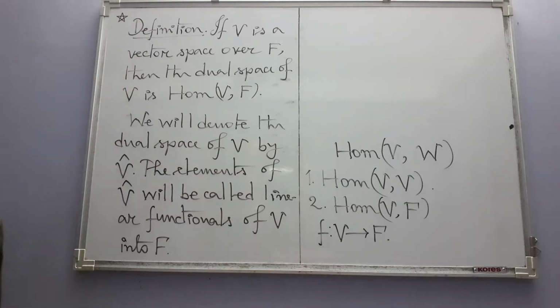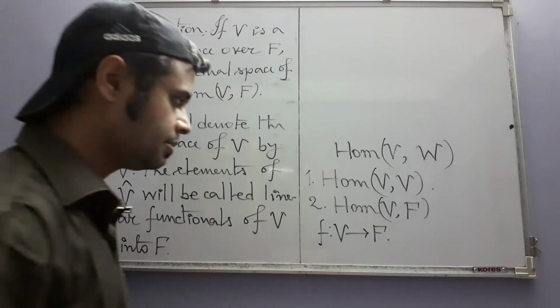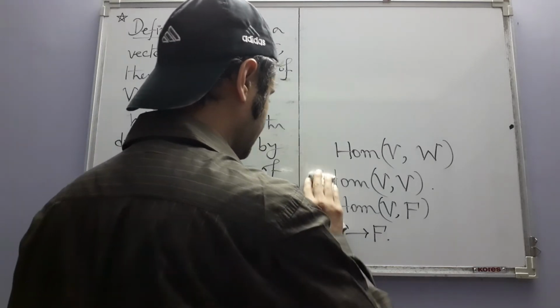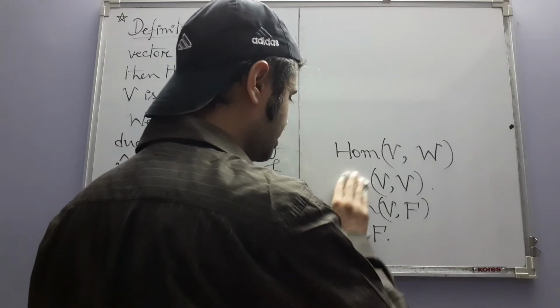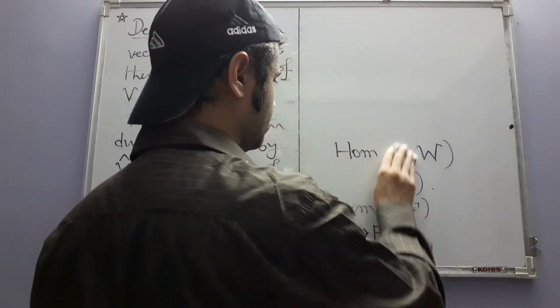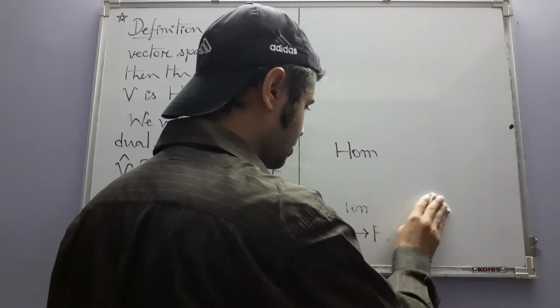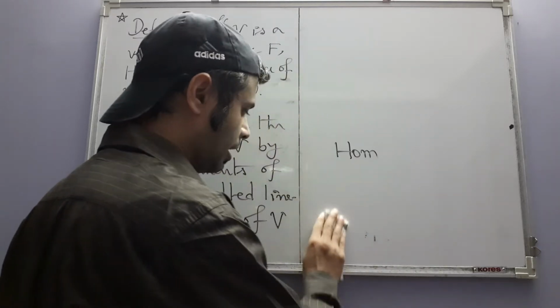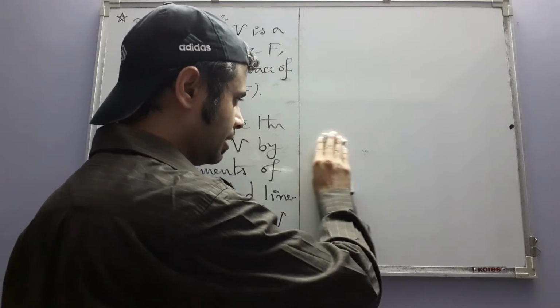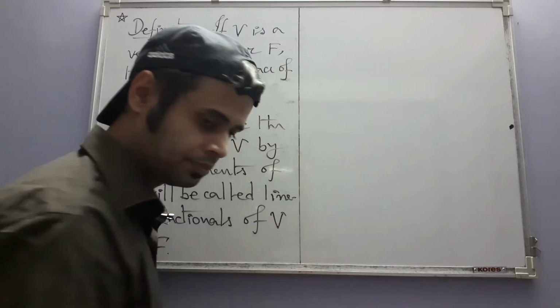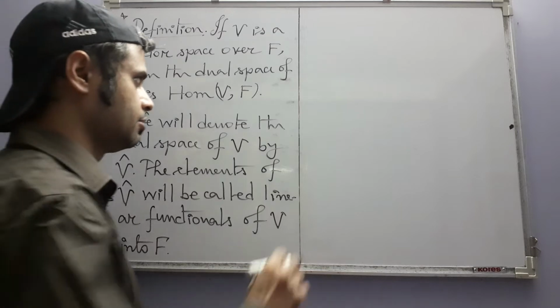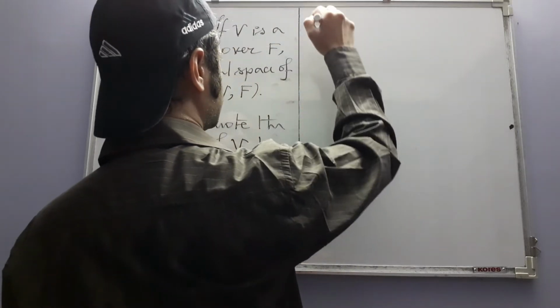Now, if your original space V is not finite dimensional, if it is infinite dimensional, then the entirety of this Hom(V, F) is far too large to be of any interest. That's what the author is next discussing.